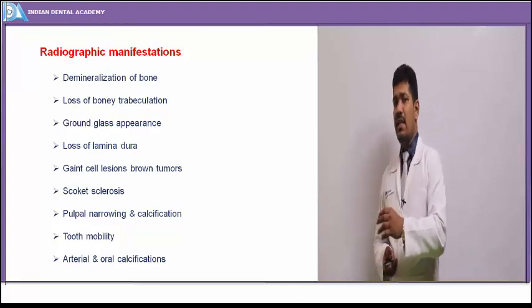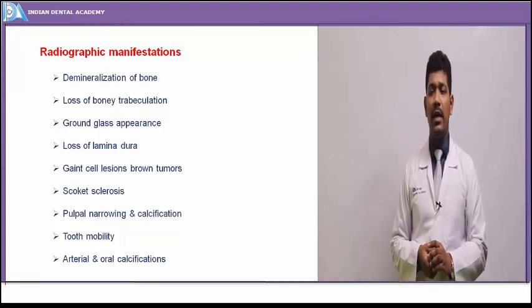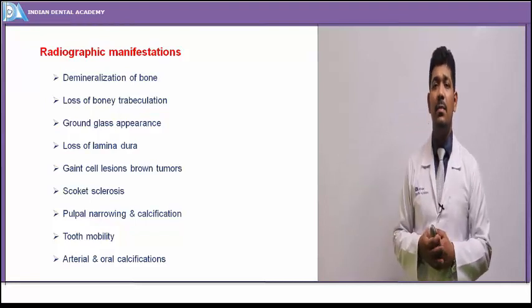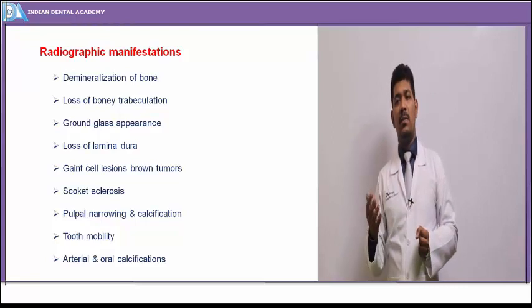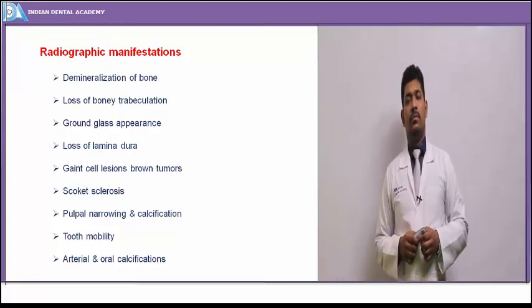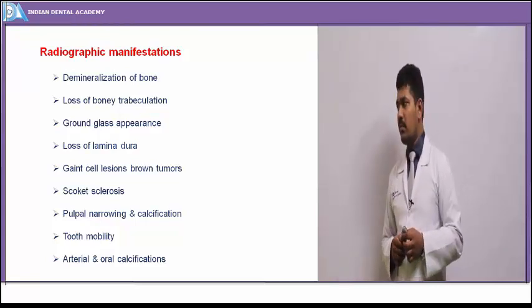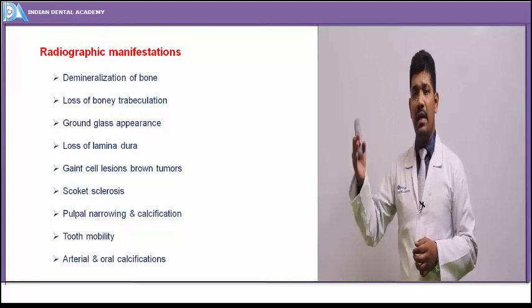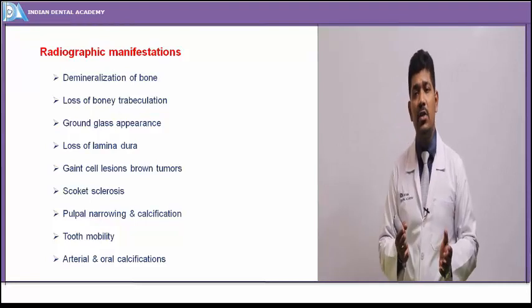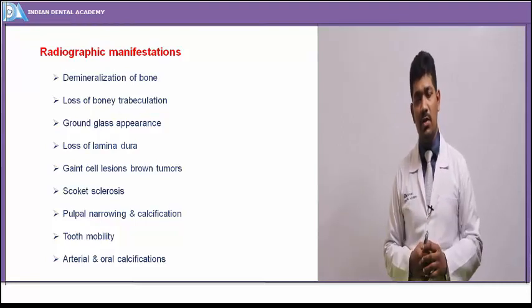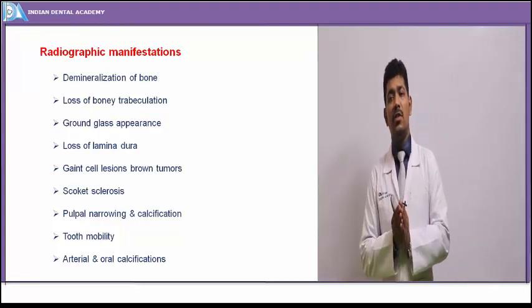There are also giant cell lesions or brown tumors. If you recollect, the giant cell lesions are basically huge areas of demineralization seen in the jaws, filled with granulomatous tissue and blood.